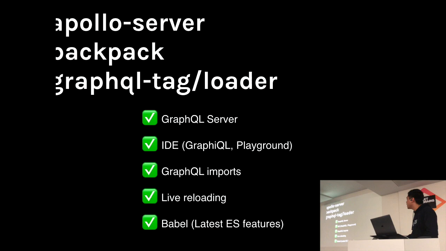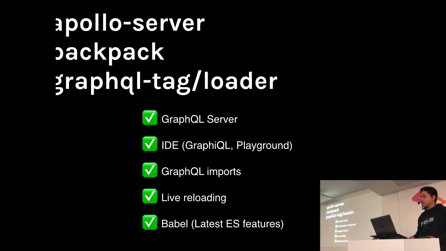So with Apollo Backpack and GraphQL tag loader, you get everything that we have on the list now, because GraphQL tag loader is a loader for Webpack that you can use with Backpack to have GraphQL import support. You can then use .graphql files, like the extension, to develop GraphQL, right? So this is really great.